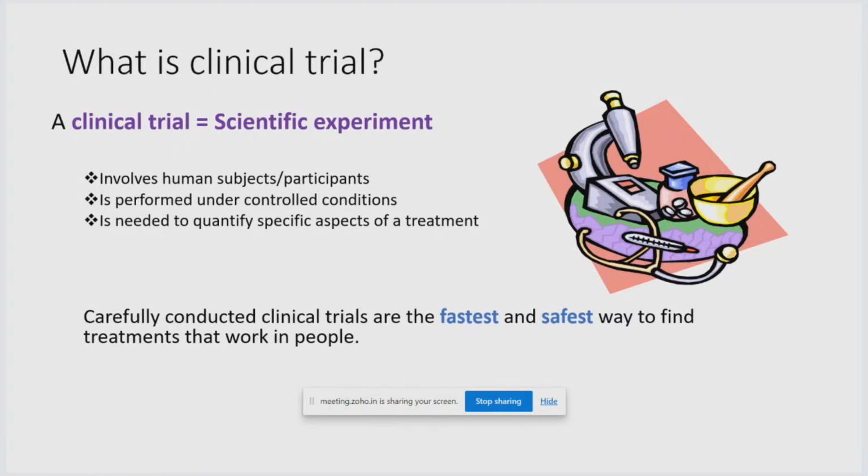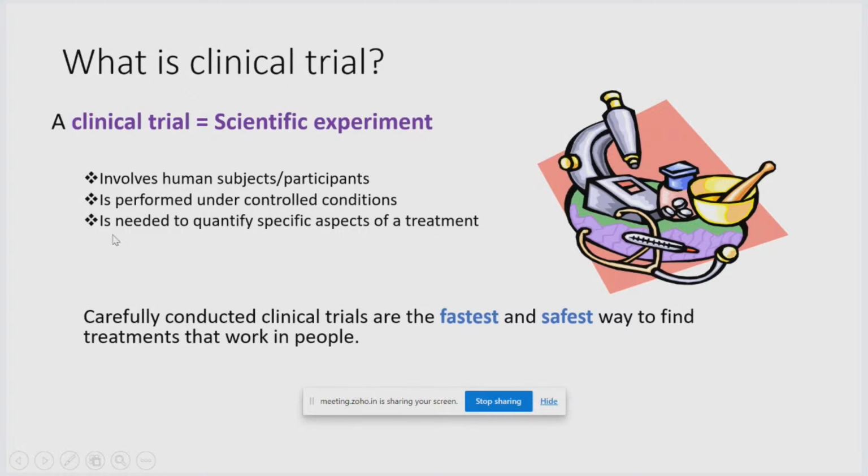But why so much attention is given to clinical trials? There are reasons. It involves human participants. When human participants are involved, attention and scrutiny is very high, because in case something goes wrong, you are dealing with human life.